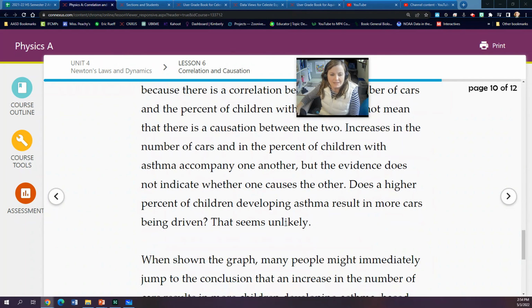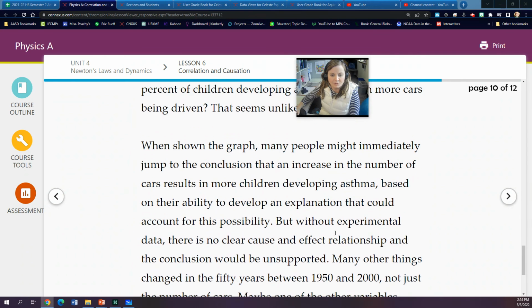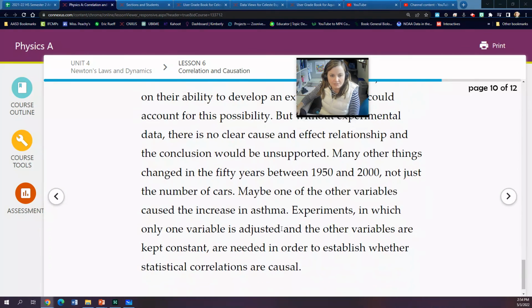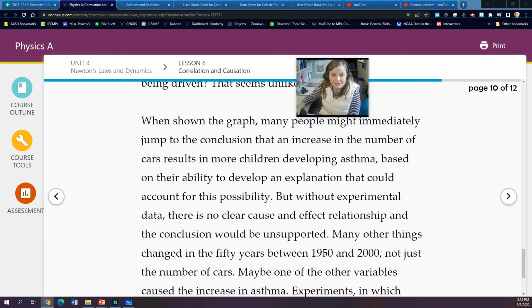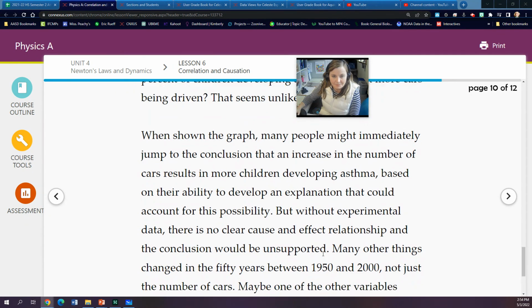I mean, obviously the opposite sounds kind of ridiculous. You wouldn't have a number of children with asthma causing cars to be driven. But it is potentially possible that an increase in air pollution causes more asthma, but that would probably warrant increased investigation, right? Because you can't definitively say one causes the other here.